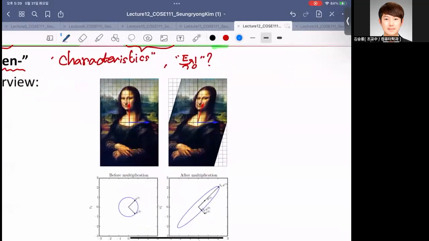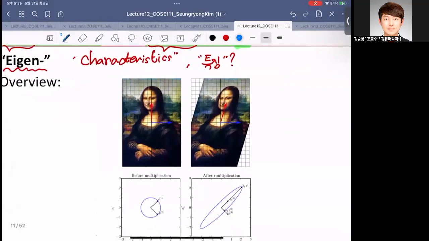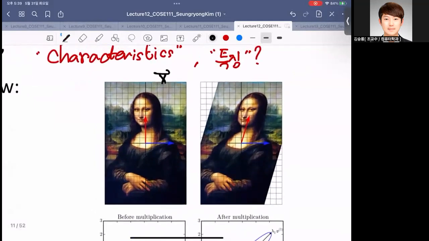Let's suppose that here is the vector x defined here. So let's say this arbitrary vector x. Then let's suppose that we have an arbitrary matrix A. Then our new vector is going to be A times x. Then all the vectors in this domain can be transformed to this domain.